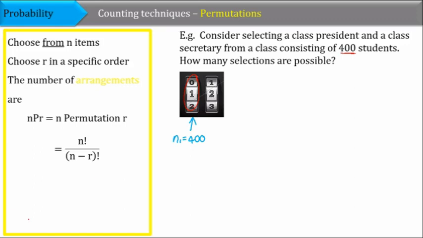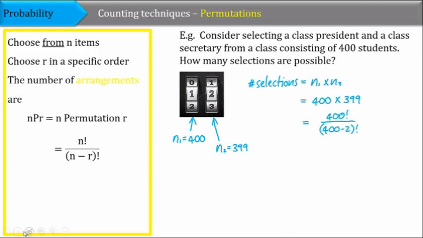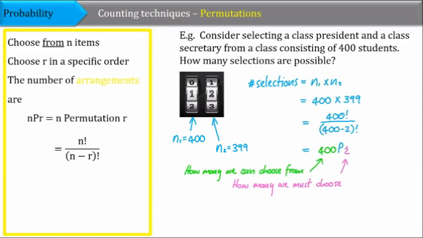Now once we've chosen the class president, we cannot choose that person again. So that means for the next selection we only have 399 available. So the number of selections, or the number of permutations, will be 400 times 399. And that, in our notation, is 400P2. 400 to choose from, permutation, because the order is important in which we select those two.